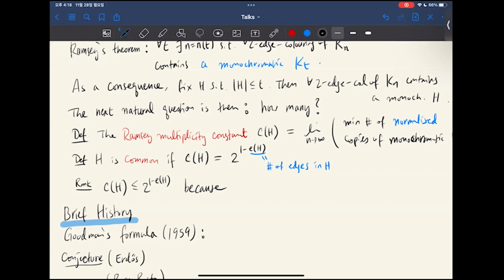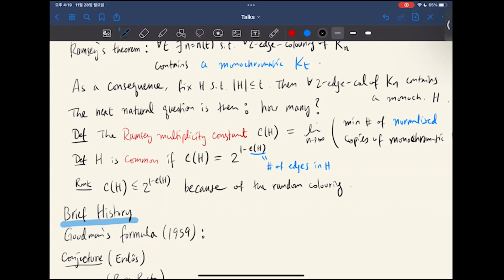And here's a remark. The Ramsey multiplicity constant is always at most 2 to the 1 minus the number of edges in H because of the random two-edge coloring. So what do I mean by random coloring? I just flip a coin to decide whether to put red or blue to each edge.